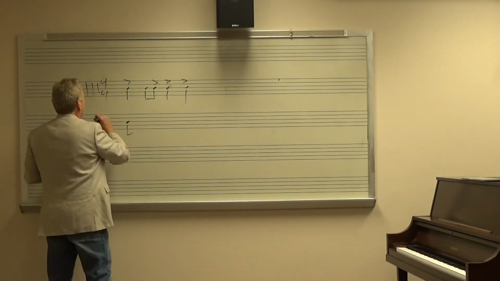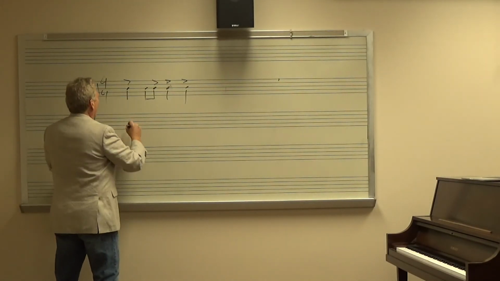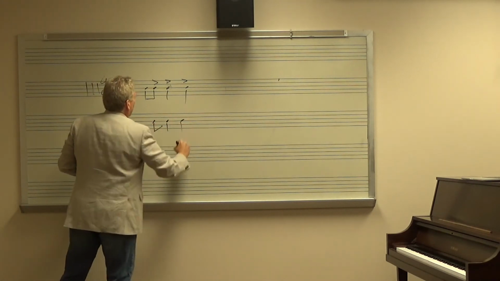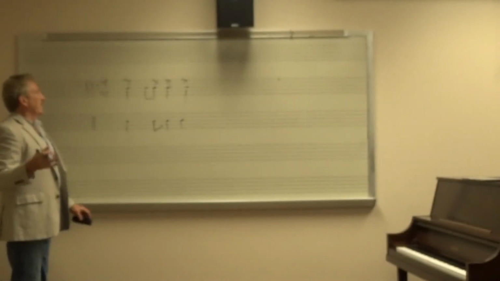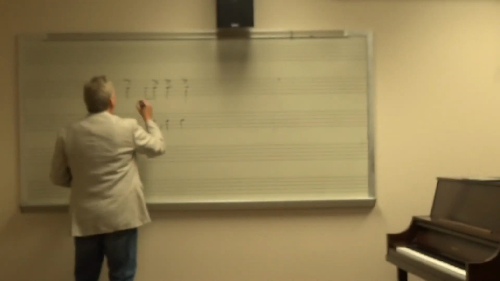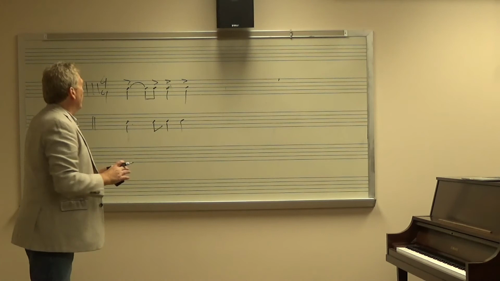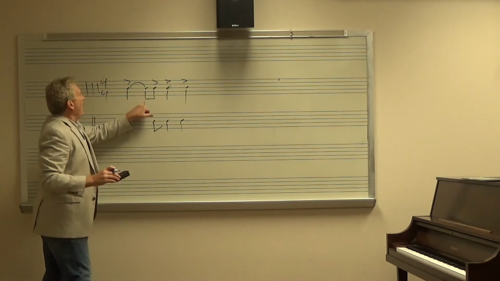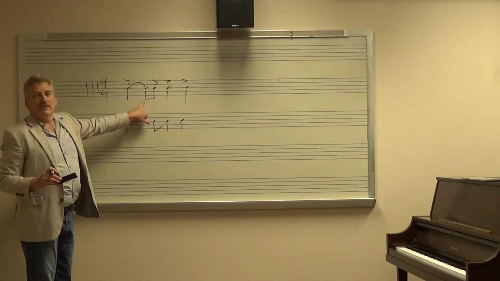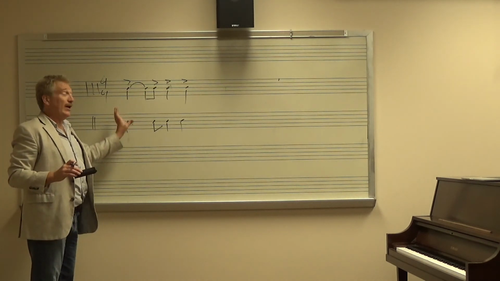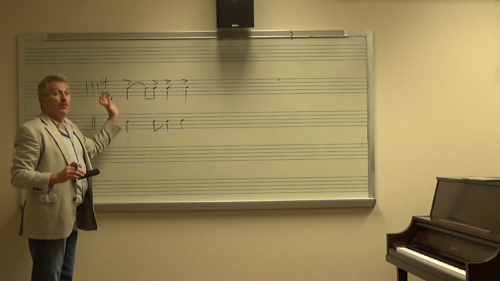That equals, indeed it does, a dotted quarter, followed by an eighth note and 2 eighth notes. Or I can put a tie between those two notes, and now I have a tied together value, a quarter note plus an eighth note. So anytime you see a tied value, that adds that value to what precedes it.